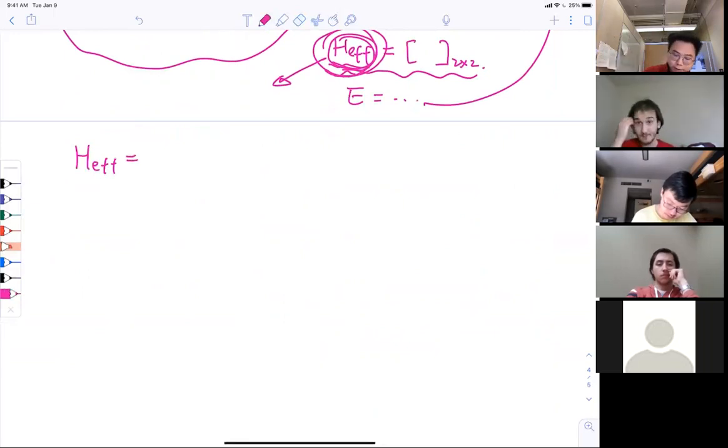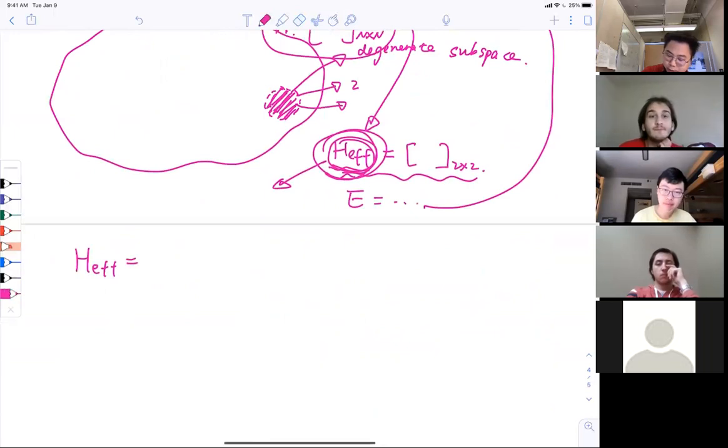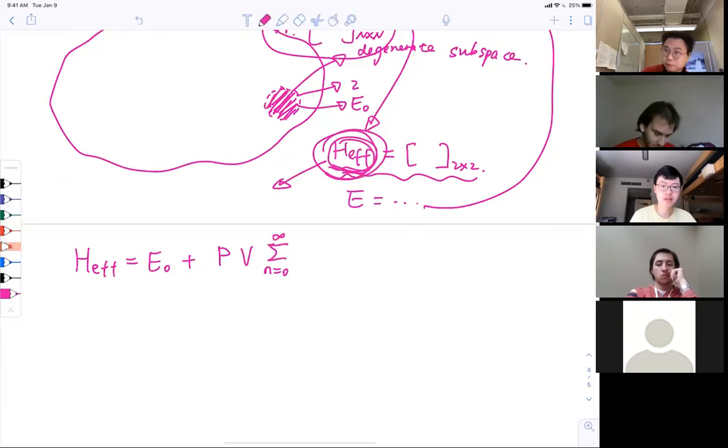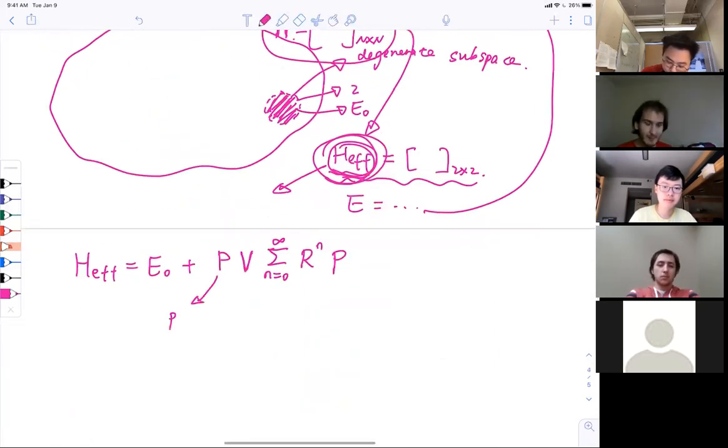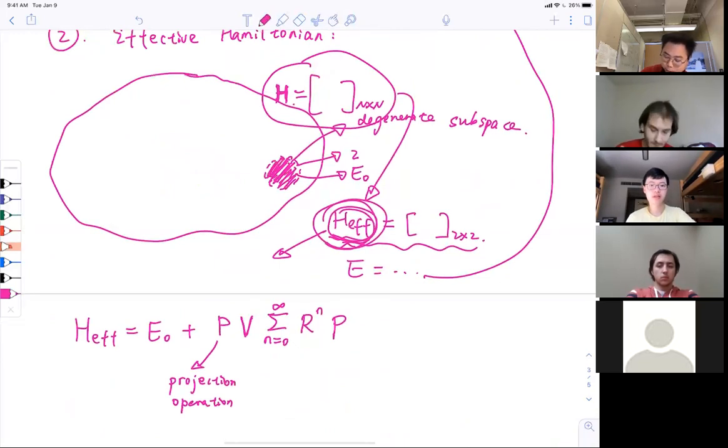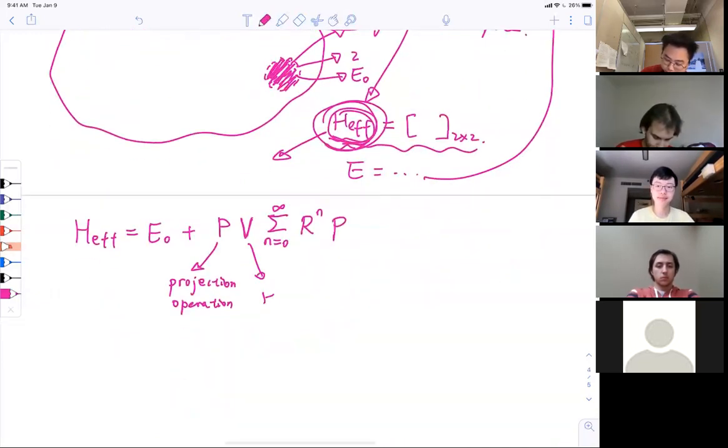The effective Hamiltonian is given by, assuming the degenerate space, the original energy is E naught plus PVP. Here V is just the V, and P is a projection operator, which basically projects my state onto the subspace we care about.